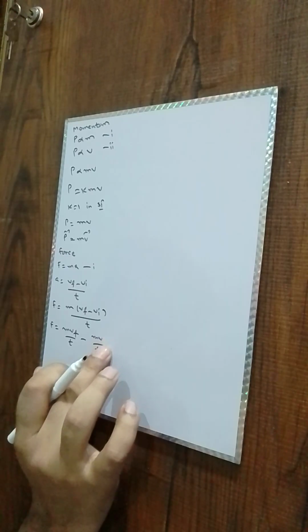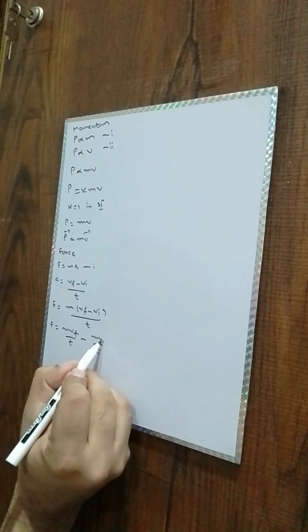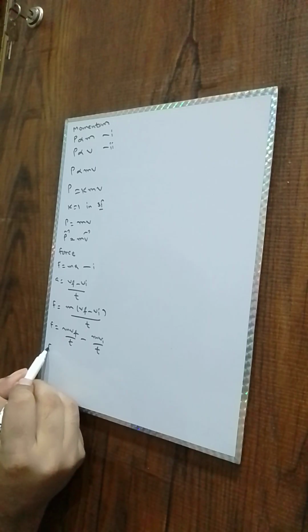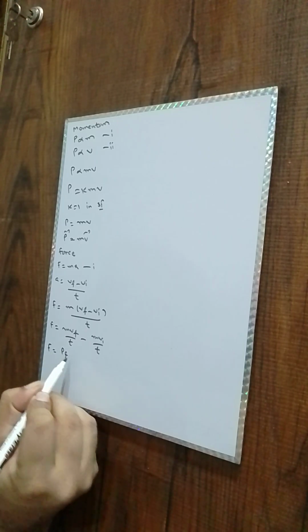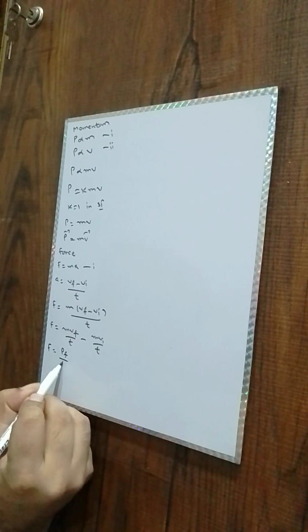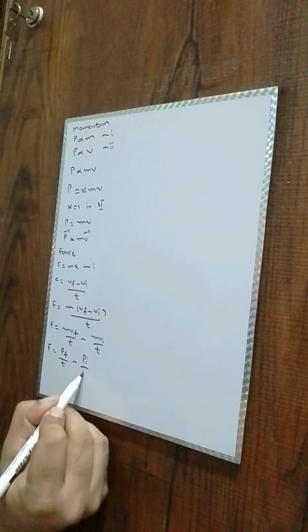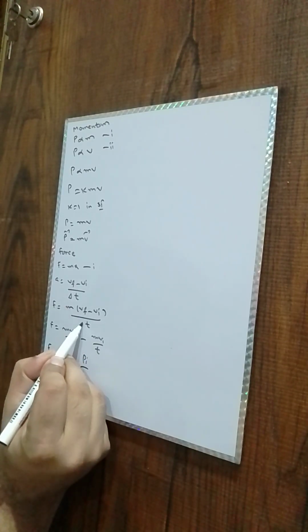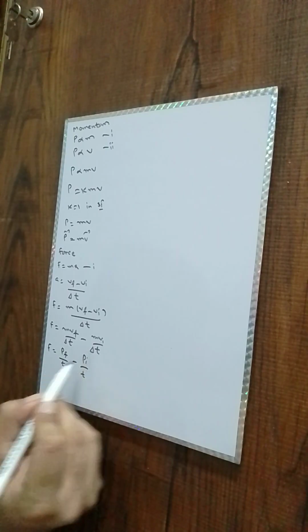Which means what? F is equal to pf, the final momentum, by t minus initial momentum by t. Or it's basically delta t here to be more accurate.